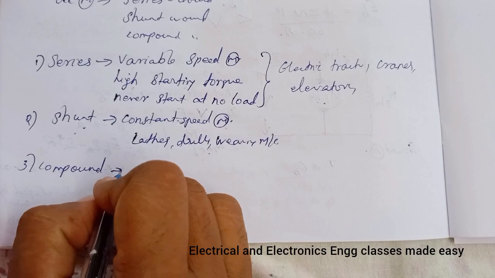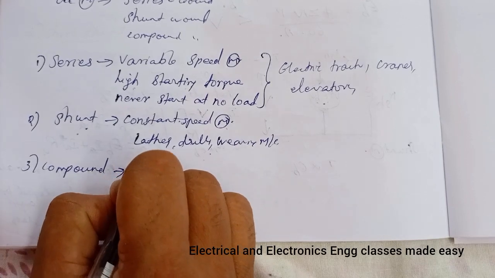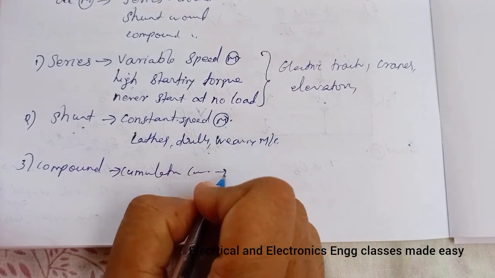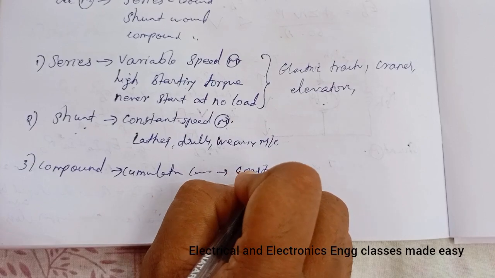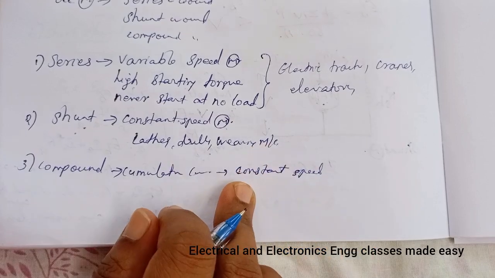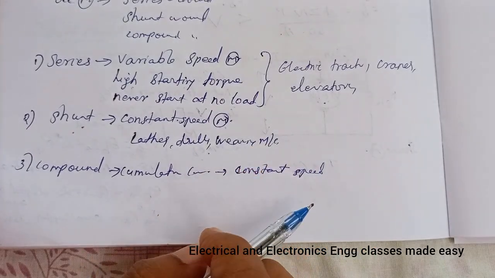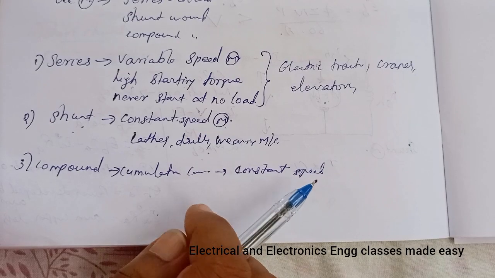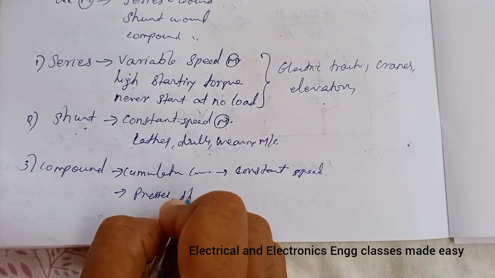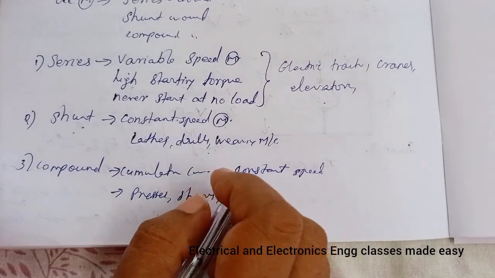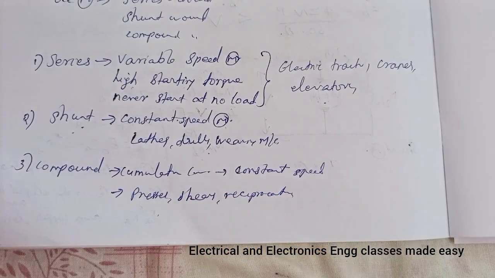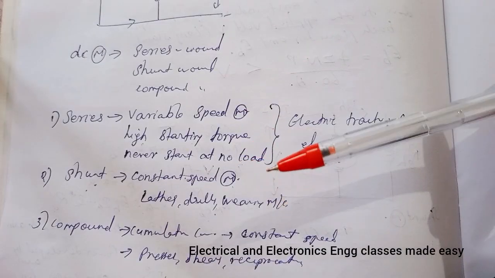Then the cumulative compound motors are used where fairly constant speed is required with irregular loads or suddenly applied heavy loads, and they are used in presses, then shears, reciprocating machines, etc. So that is about DC motors.